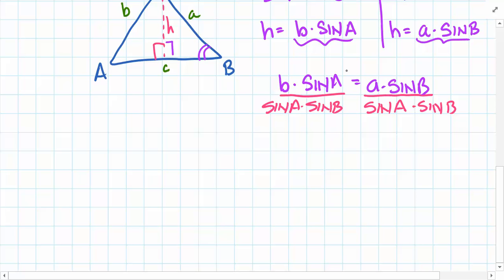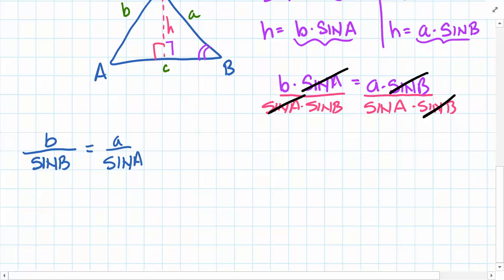On the left-hand side, this sine A and that sine A cancel out. On the right-hand side, this sine B and that sine B cancel out. And I'm left with something. What am I left with? b over sine B is now equal to, what's on the right-hand side, everybody? a over the sine of A.